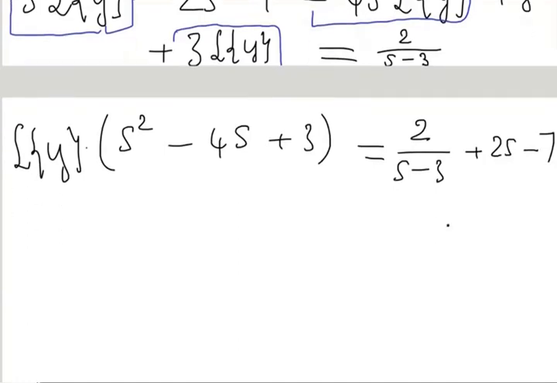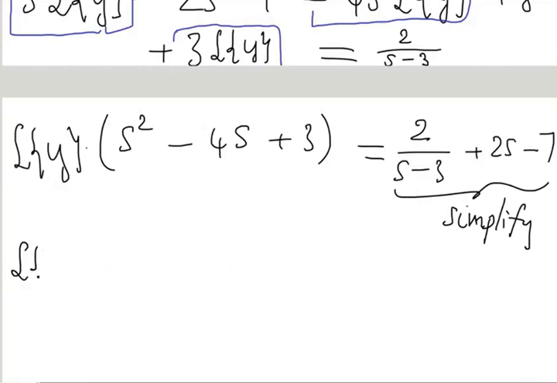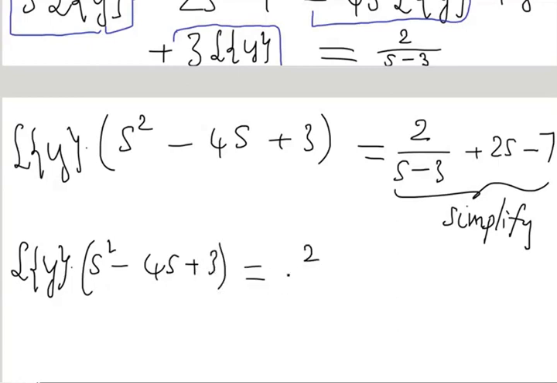Now, we need to use a common denominator to simplify this. Let me rewrite: Laplace transform of y times s squared minus 4s plus 3 equals 2 over s minus 3 plus 2s minus 7. Now we can think of 2s minus 7 as one term divided by 1.